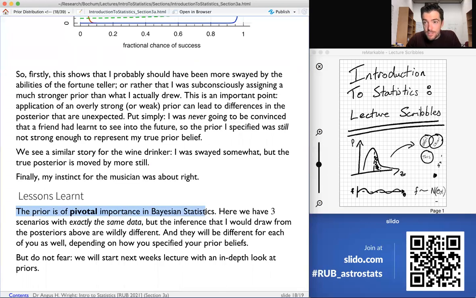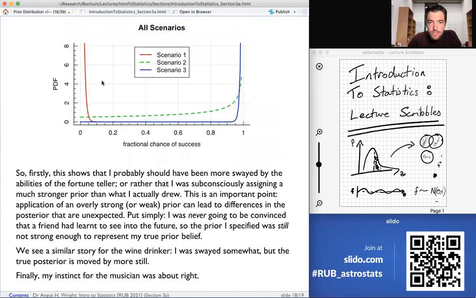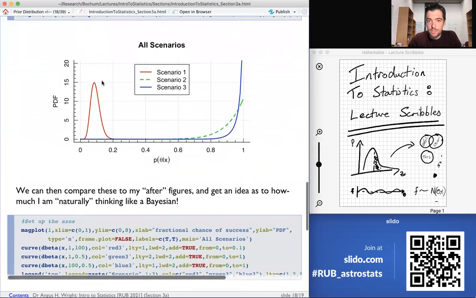The differences that we will all have in our posteriors come from our differences in our priors. Okay? With exactly the same data, we have drawn 3 totally different conclusions.